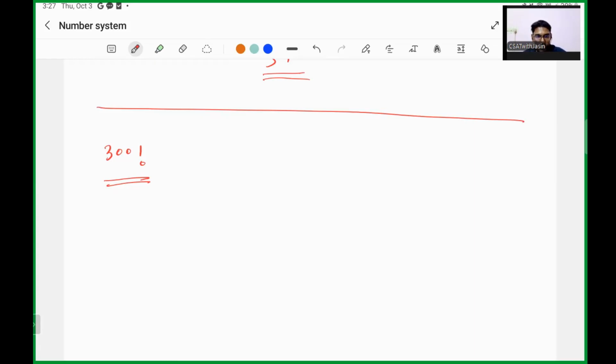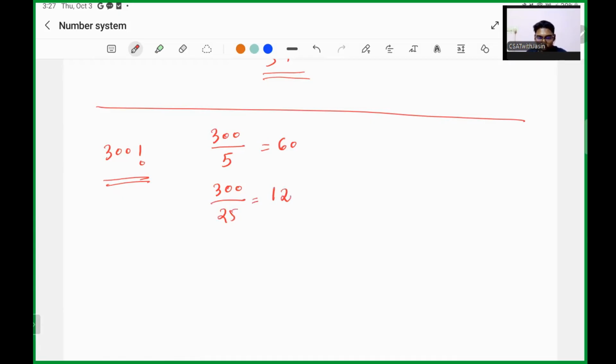Here, the number is greater than 125. So you first divide 300 by 5 to find how many multiples of 5 there are, so you get 50. Then divide 300 by 25 to find how many multiples of 25 there are. 300 by 25 is 12.